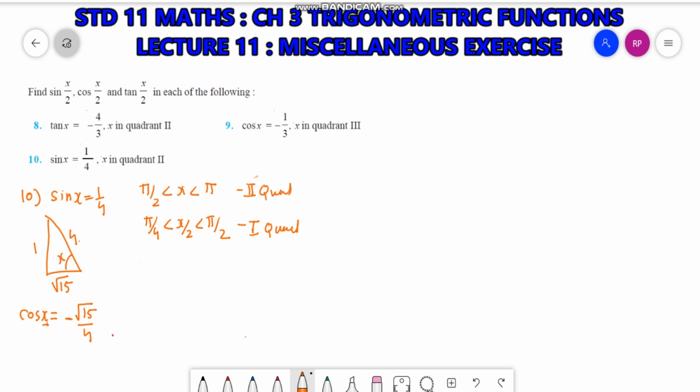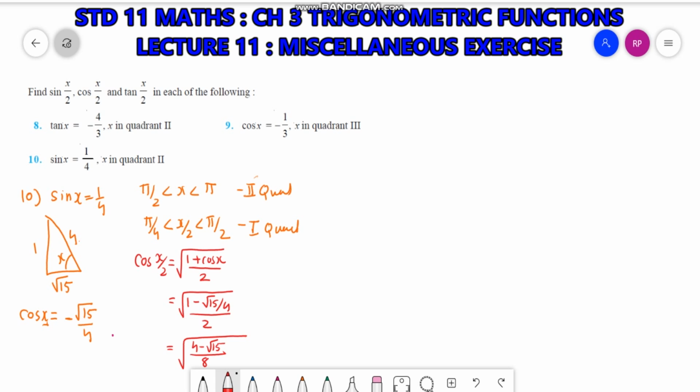Now I can find out cos x by 2. Formula for cos x by 2: cos x by 2 is square root of 1 plus cos x upon 2. So this will be equal to square root of 1 plus, as it is minus root 15 by 4, minus root 15 by 4 upon 2. This will be equal to square root of, I will take LCM, 4 minus root 15 upon 4 and these 2, so 4 into 2 is 8.